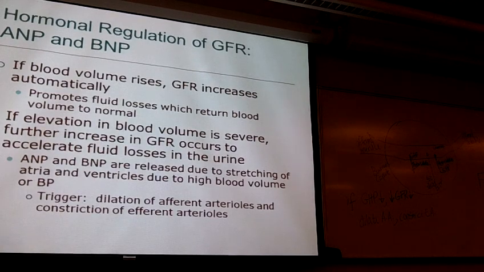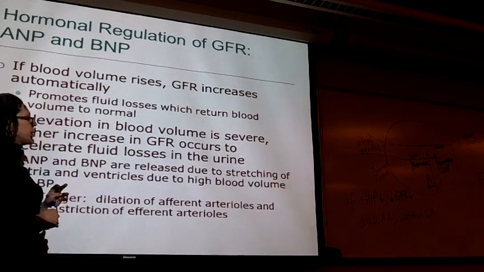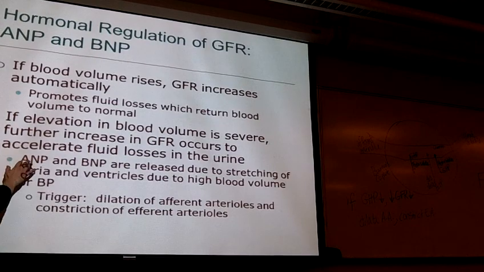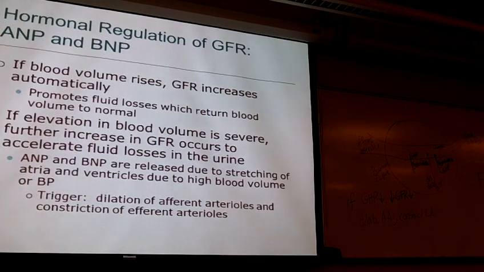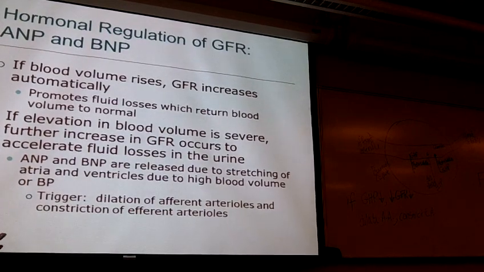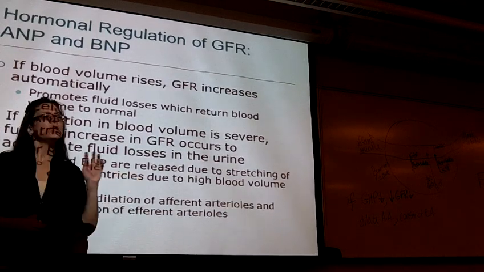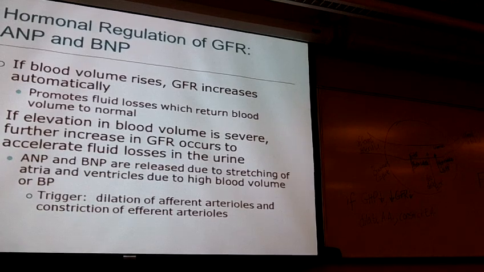Other things that ANP and BNP can do. Okay? So I said that ANP and BNP are going to be released if blood volume is high. And usually blood volume has to be really high for these guys to be released. You don't normally see these hormones being released.